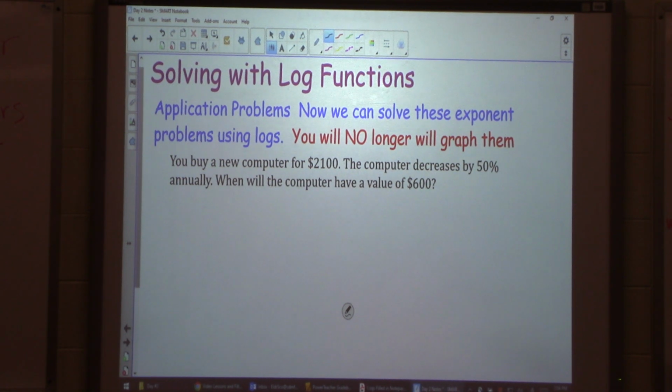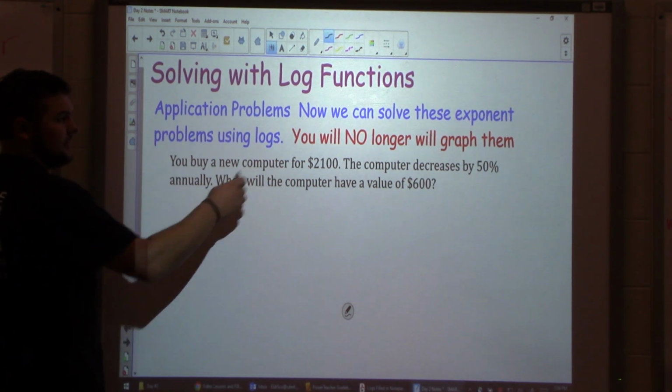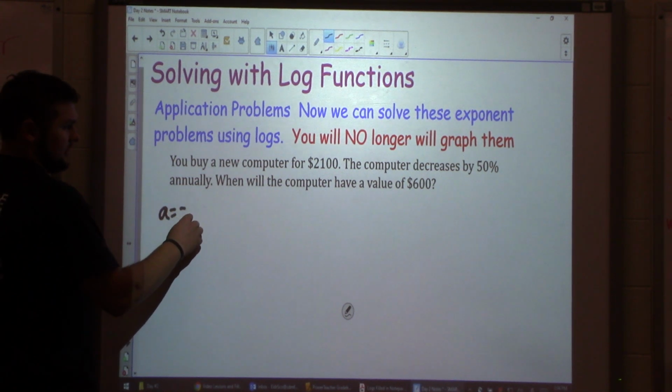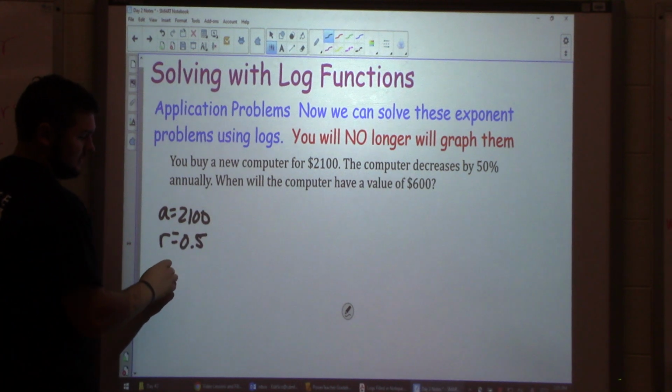All right, so yes, it is the same type of problem we did last unit, where we're going to have a variable that's an exponent, except we no longer need to use our calculators to solve it. If I set this up, it is a decay problem. It decreases. My initial amount is 2,100. My rate is 0.5.